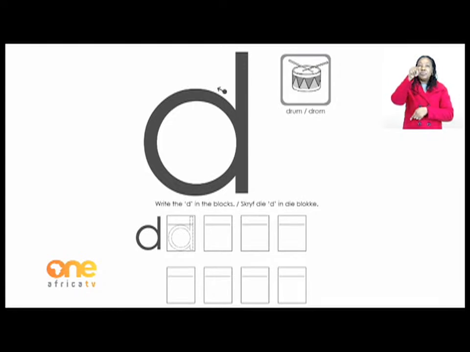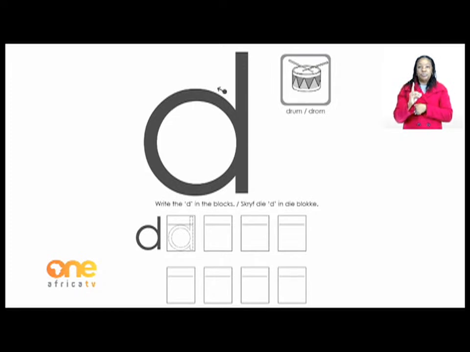Go right round the D's tummy and straight up, up, up and down. That is letter D. And how does letter D sound? Letter D sounds as D, D, D.